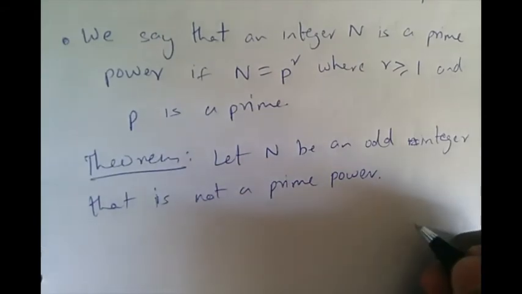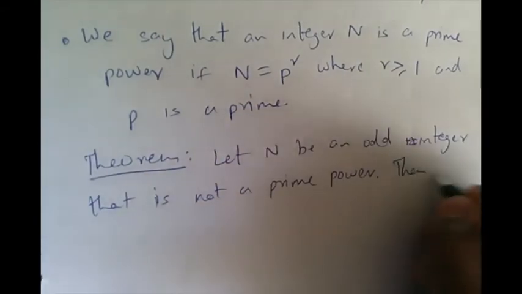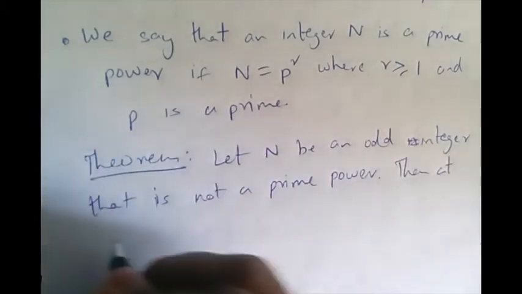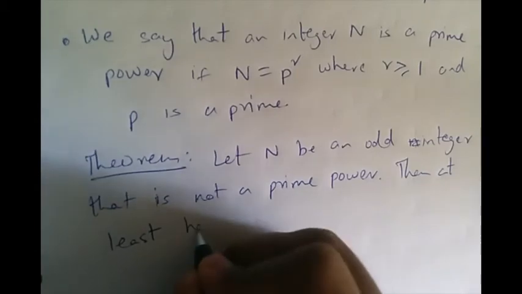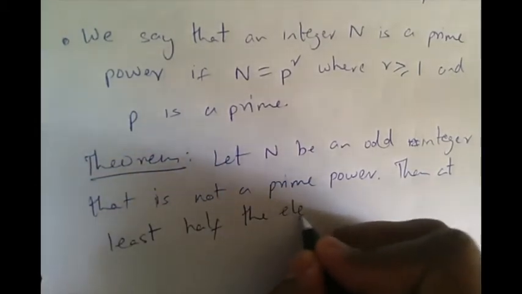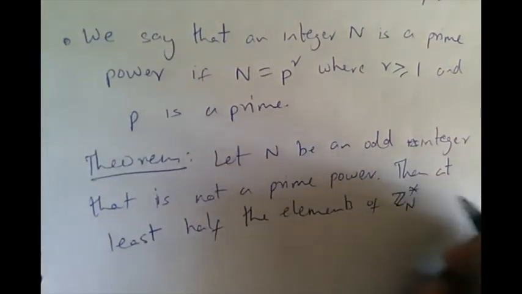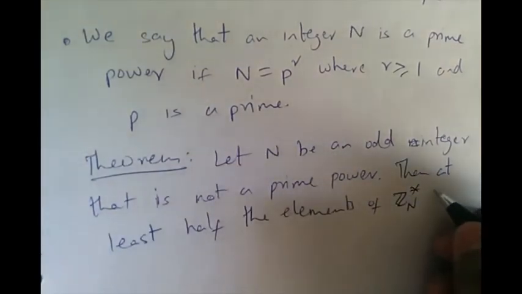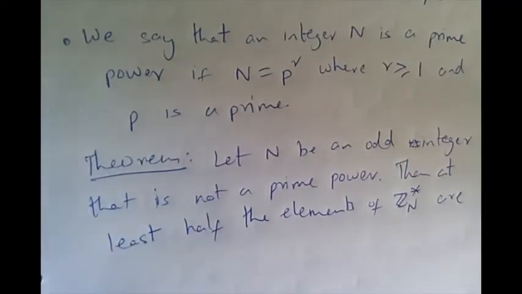Then at least half the elements of Zn star are strong witnesses that n is composite.